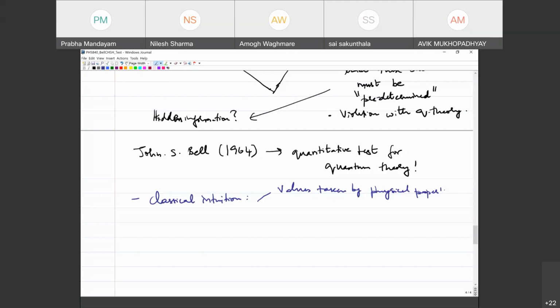are independent of the measurement process, right? Let me say that they are inherent to the system, and measurement merely reveals these values.